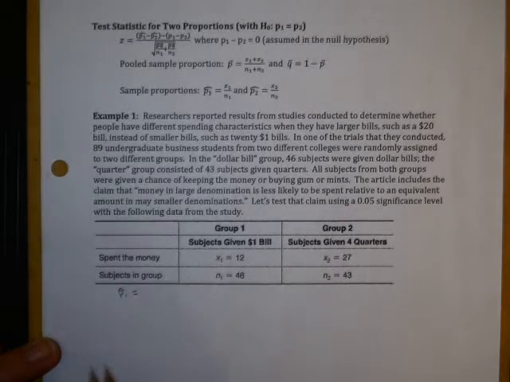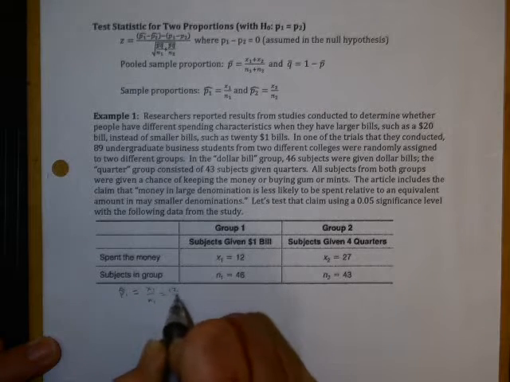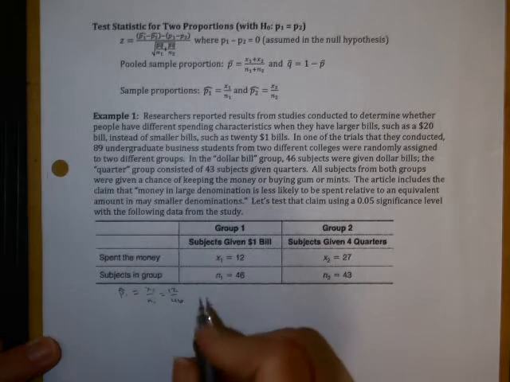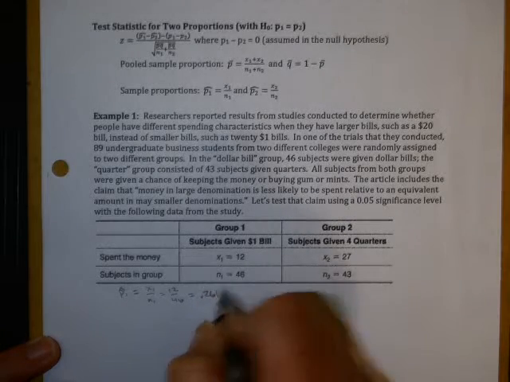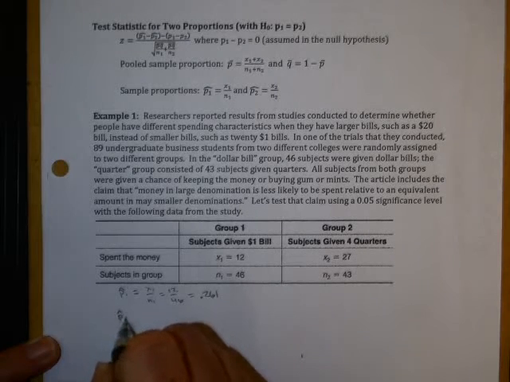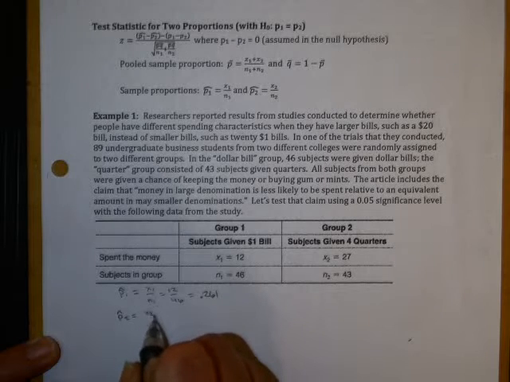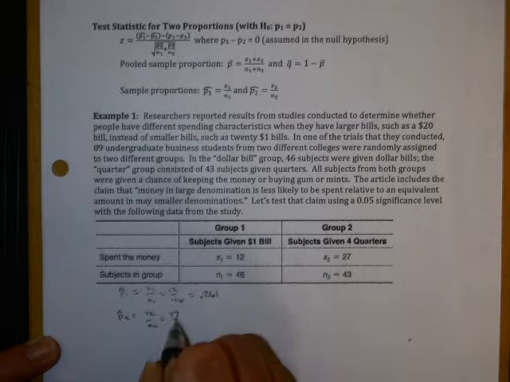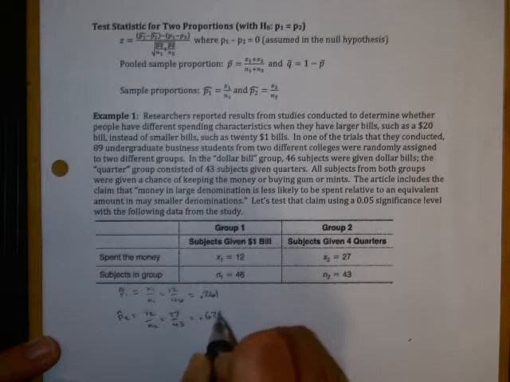p1 hat will be x1 over n1. So in this case, that's 12 over 46, which to 3 decimal places is 0.261. p2 hat will be 27 over 43, which when rounded to 3 decimal places is 0.628.